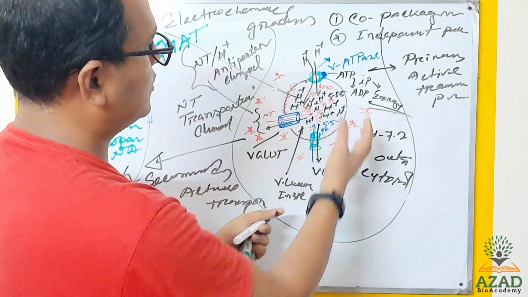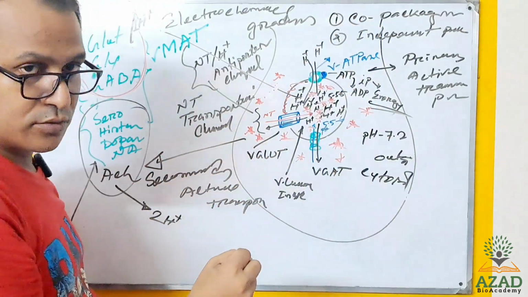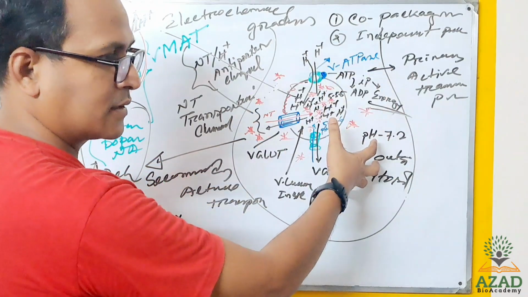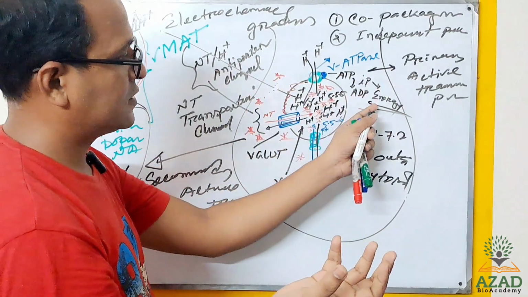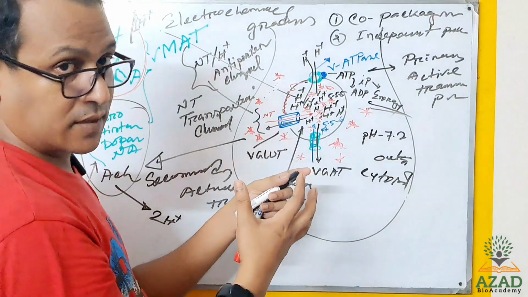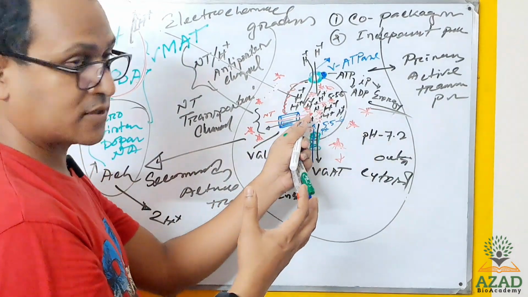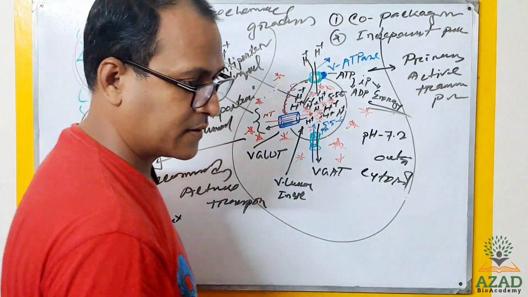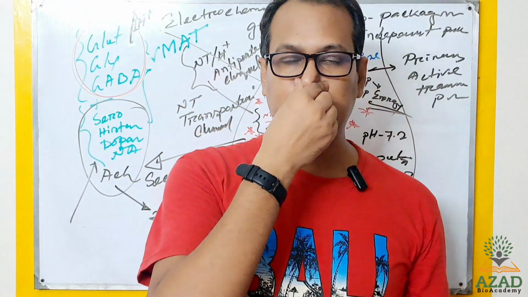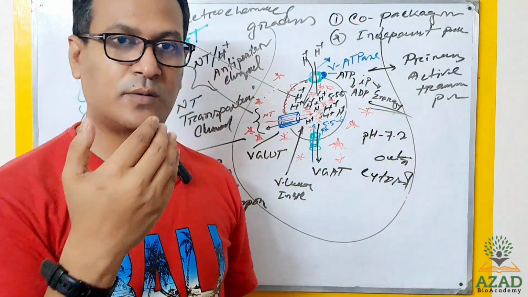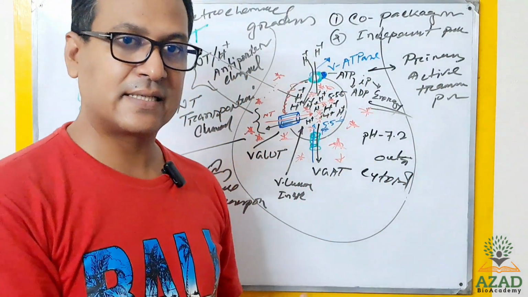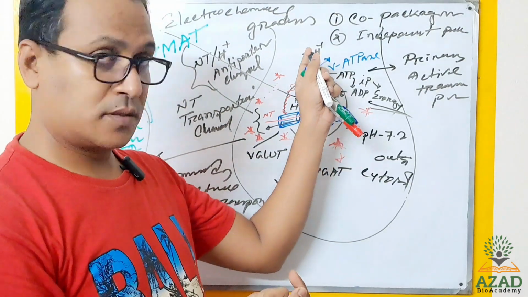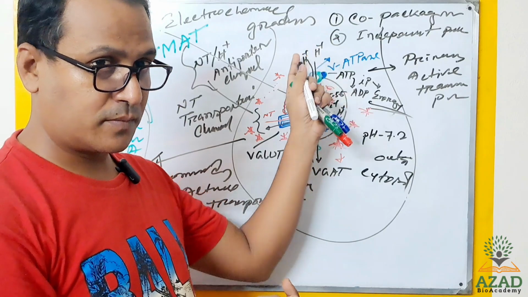Within the terminal, neurotransmitter will be synthesized, and that will initially be available outside of the vesicle. That means initially neurotransmitter is higher in number outside of the vesicle than inside, and a time will come when the V-ATPase will be activated, and it will show its ATPase activity and produce energy from the ATP, and that energy will activate the pump to enter protons from outside to inside.